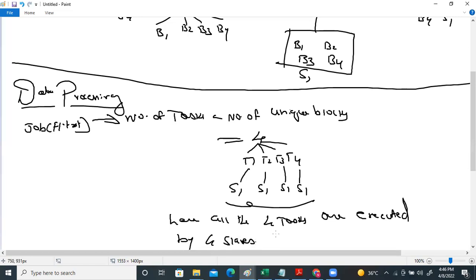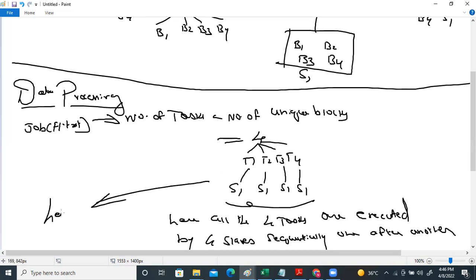Sequentially, one after another. So here, no parallel processing.